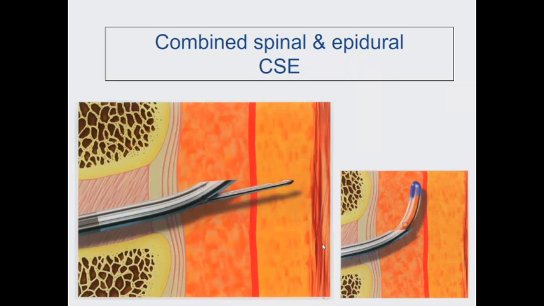What can also be done is a combined spinal and epidural. This gives us the immediate effect after the injection into the spinal, and then the catheter is put into the epidural, and the block can be used continuously for a longer period of time.